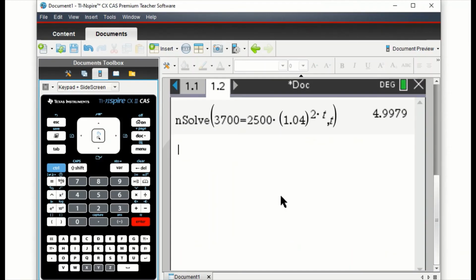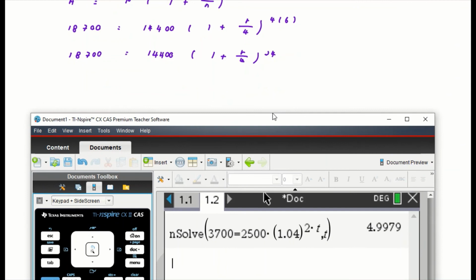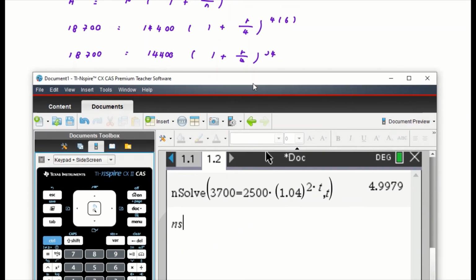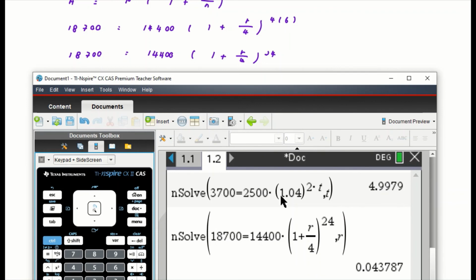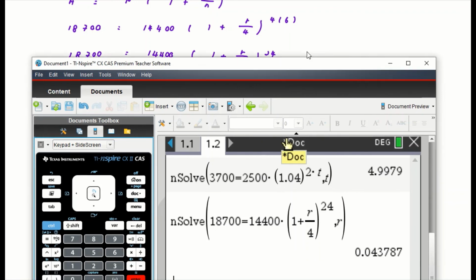So same thing, nSolve: 18,700 equal to 14,400, remember multiply, then 1 plus r over 4, and then to the power of 24. Comma, then you are finding your r, then enter. You should be able to get your value under here. Can you see that?